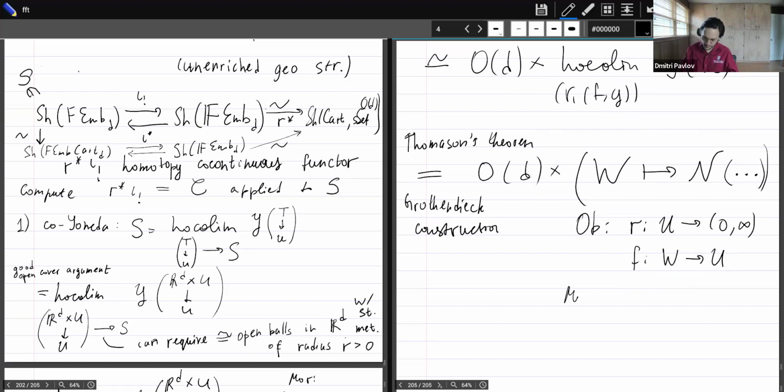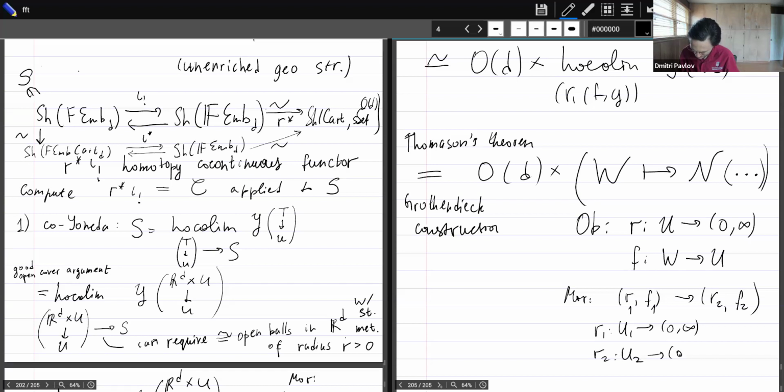And morphisms between two such objects, so R1, F1 to R2, F2, will be precisely pairs, I guess. First of all, R1 will be a map from U1 to 0 infinity. R2 will be a map from U2 to 0 infinity.